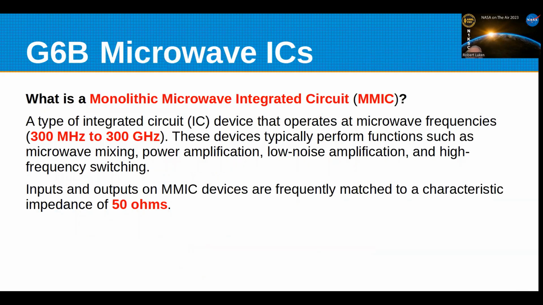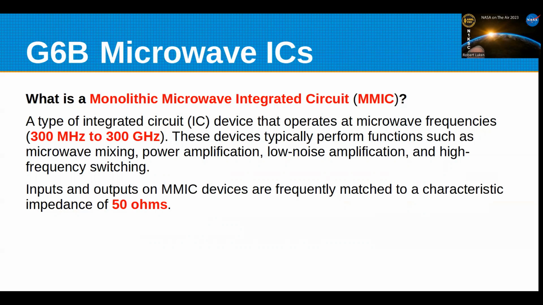Okay, so what's a monolithic microwave integrated circuit, or an MMIC? It's a circuit for doing stuff at microwave frequencies, although I thought it was probably more like 3 gigahertz, but anyway, they say 300 megahertz to 300 gigahertz.